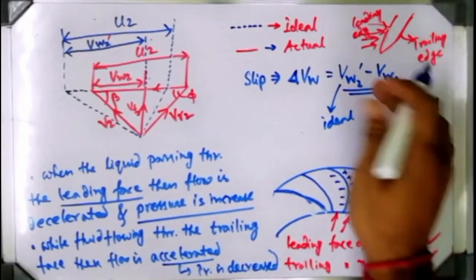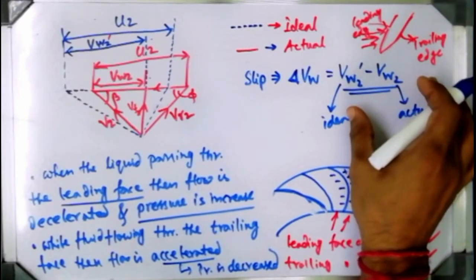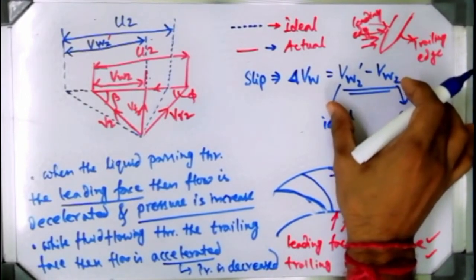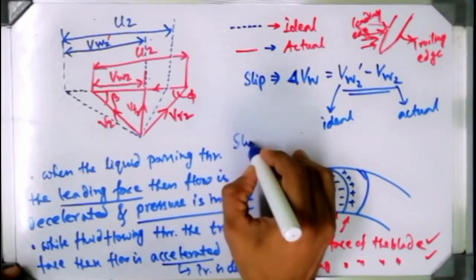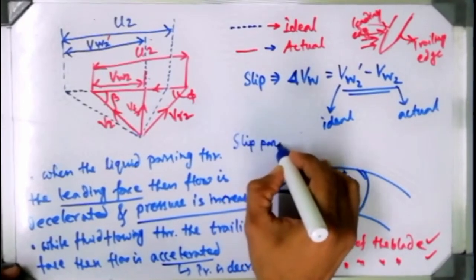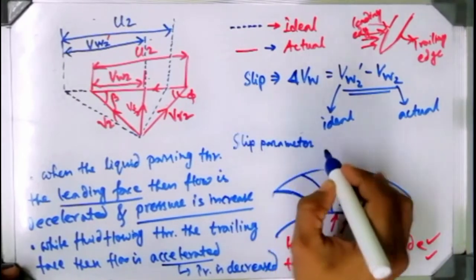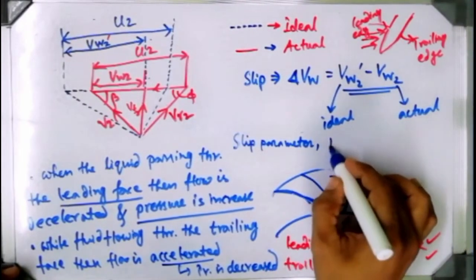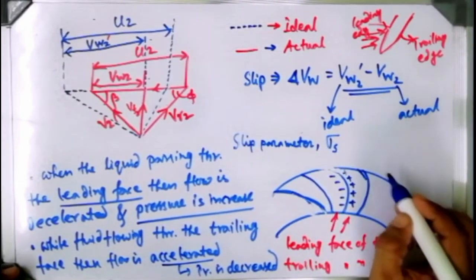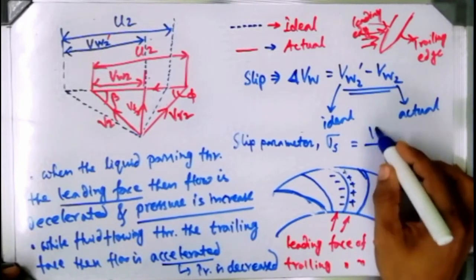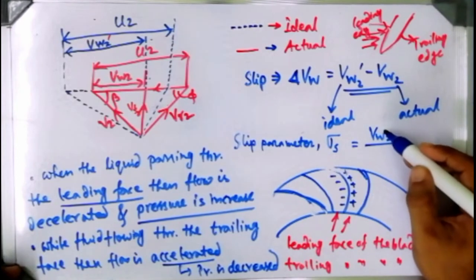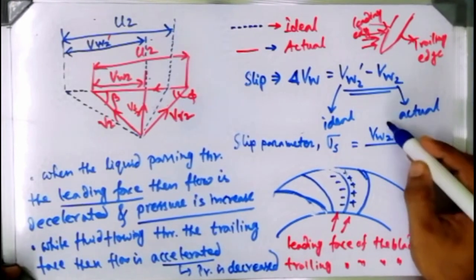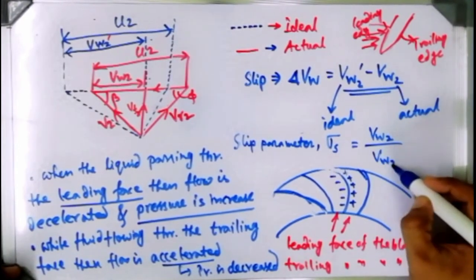So if you want to quantify the amount of slip, that will give you the mathematical value of slip. The slip parameter is very important, and you can find it in any book. Slip parameter is expressed by sigma s, which can be written as VW2 actual over VW2 prime ideal.